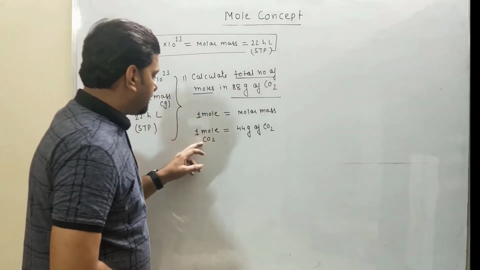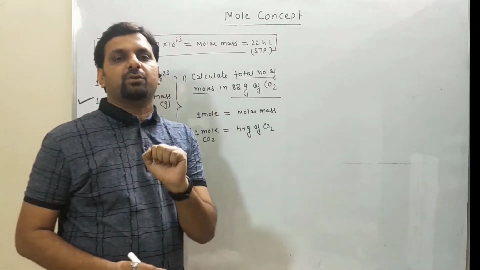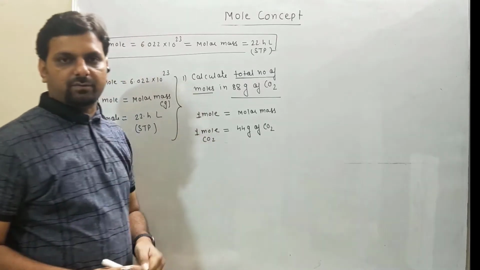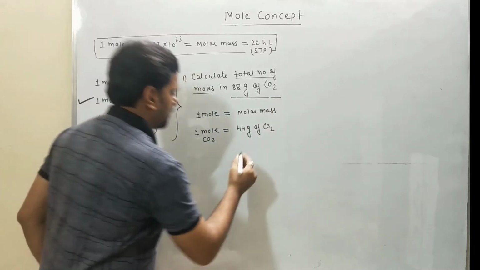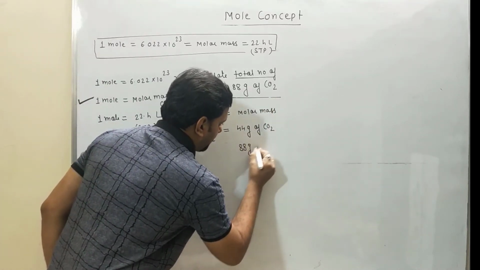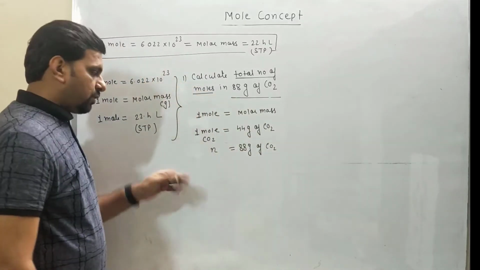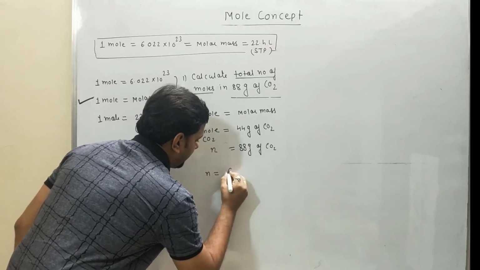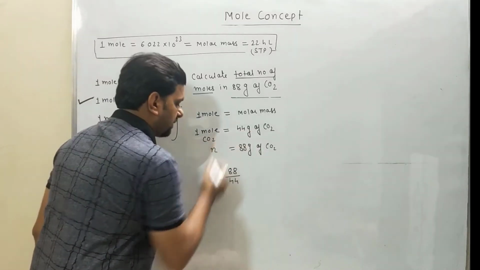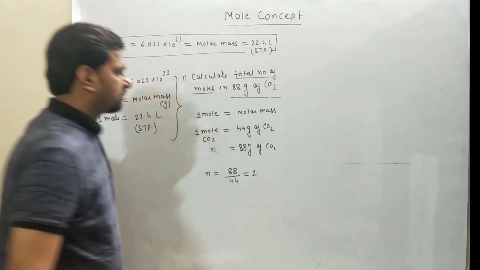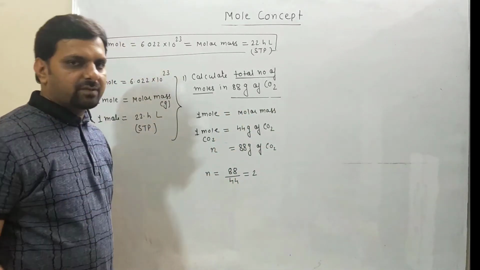If you have 44 gram of CO2, that means you have 1 mole of CO2. So in question they have mentioned 88 gram of CO2. So 88 gram of CO2 equal to how many moles? So n equal to 88 divided by 44. Cross multiply. So you will get 2. That means 88 gram of CO2 means 2 moles of CO2.